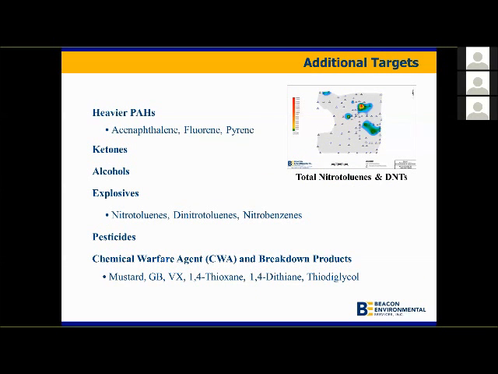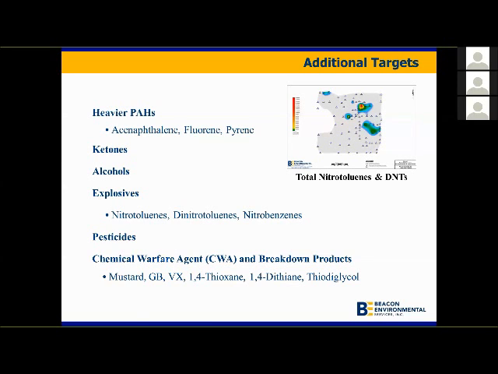A passive approach will let you expand the range of compounds you can target as opposed to active soil gas sampling, because the adsorbents will trap heavier compounds that you're not going to be able to get back out of a Summa canister, or that are not appropriate for Tedlar bags or glass vials or other sampling methods. So with a passive approach, you can target acenaphthene and naphthalene, fluorene, heavier PAHs, but also explosive compounds, pesticides, and herbicides.